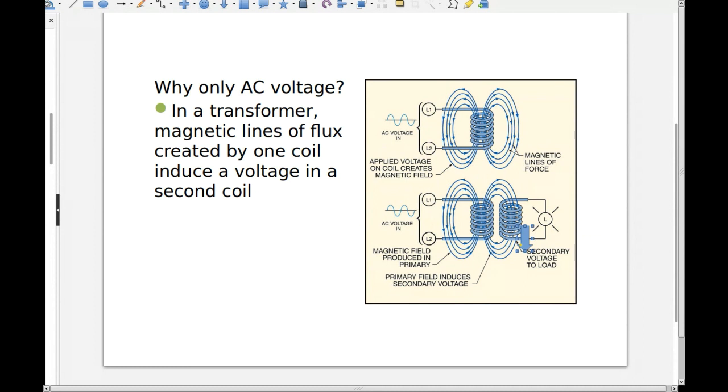And then they have the coefficient of coupling is the term that they use. The coefficient of coupling is referring to how much of this flux is being coupled and therefore passed into the secondary winding.